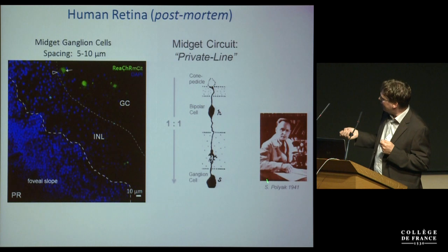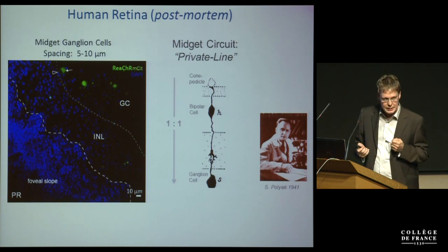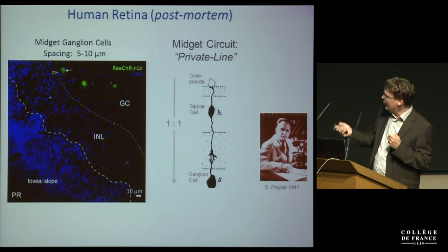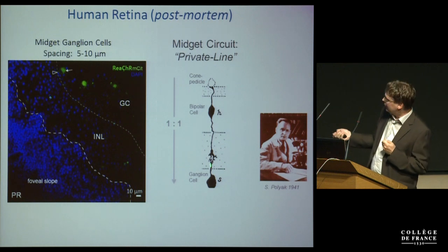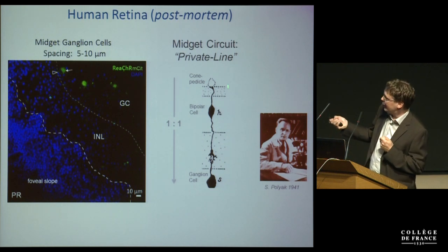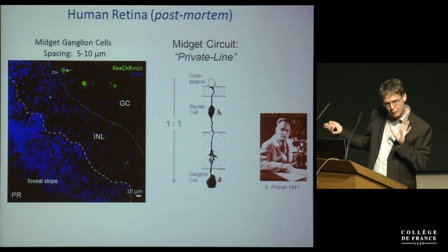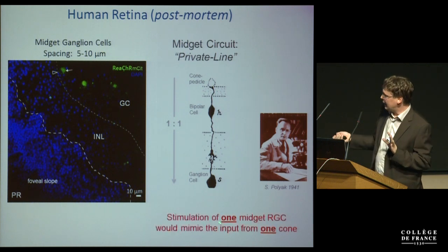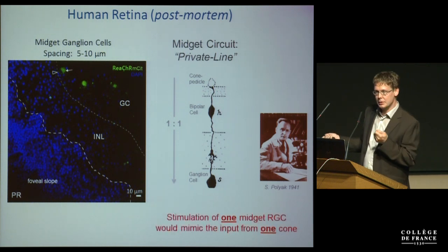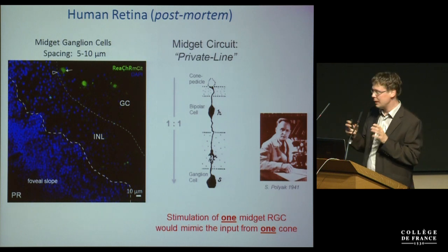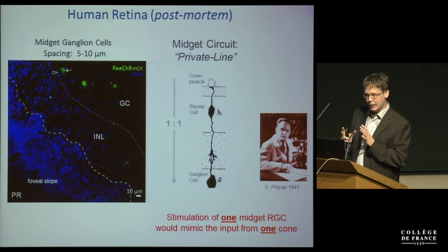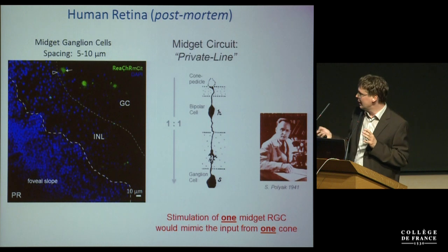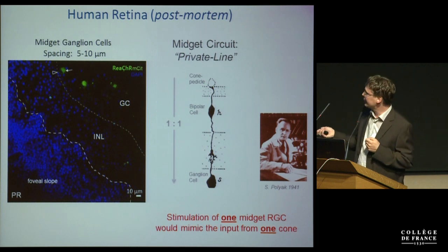This was discovered by Polyak in the 40s: we have a private line, where one ganglion cell is connected to one bipolar and one photoreceptor in the very center. And in principle, with an optogenetic approach, you can have a high resolution activation, a single cell resolution. So if you're able to stimulate one midget cell, you would mimic the input from one cone, theoretically.